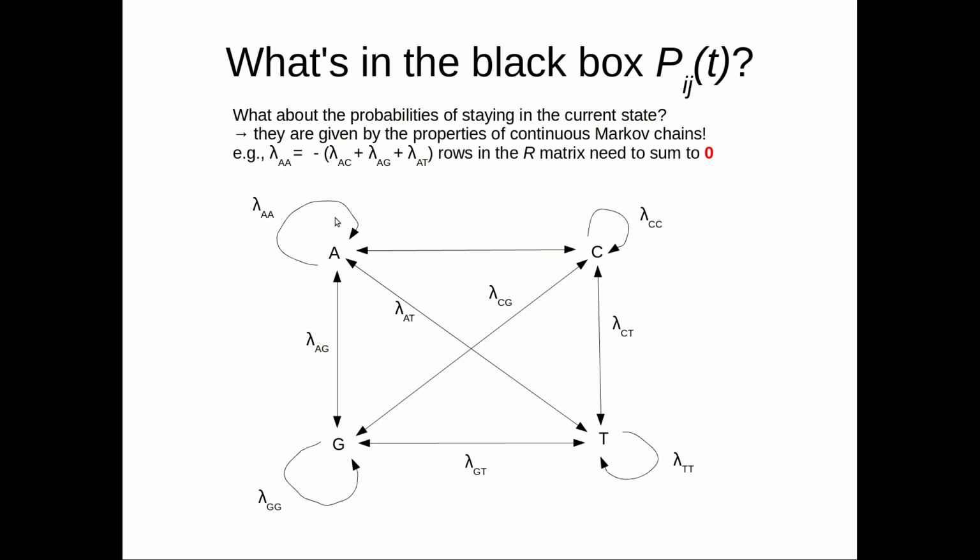If you don't remember that, just have a look at the lecture on Markov chains again. So the rate of staying in the same state A is just given by adding up the remaining rates of going to other states, from A to C, A to G, A to T, and then putting a minus sign in front of that. This will guarantee that the rows of our rate matrix actually sum to 0.